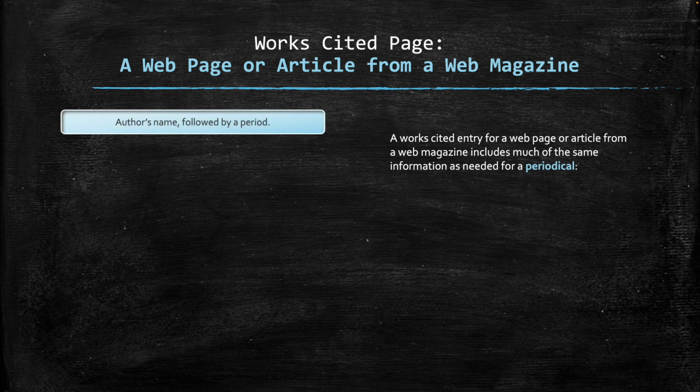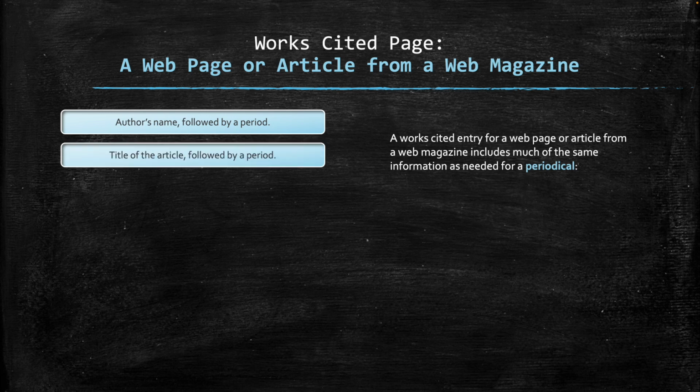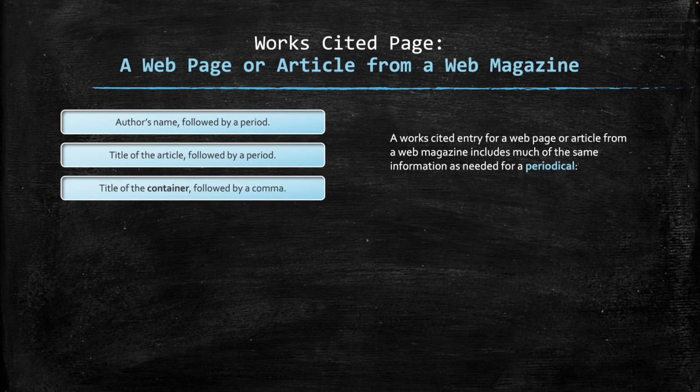So for example, again, you start with the author's name followed by a period, and then the title of the article followed by a period. And in this case, remember, the title of the article is going to be inside quotation marks because the article is contained by a web page or a web magazine. And the web page or the web magazine becomes the container. It will be italicized just like with a periodical and followed by a comma.